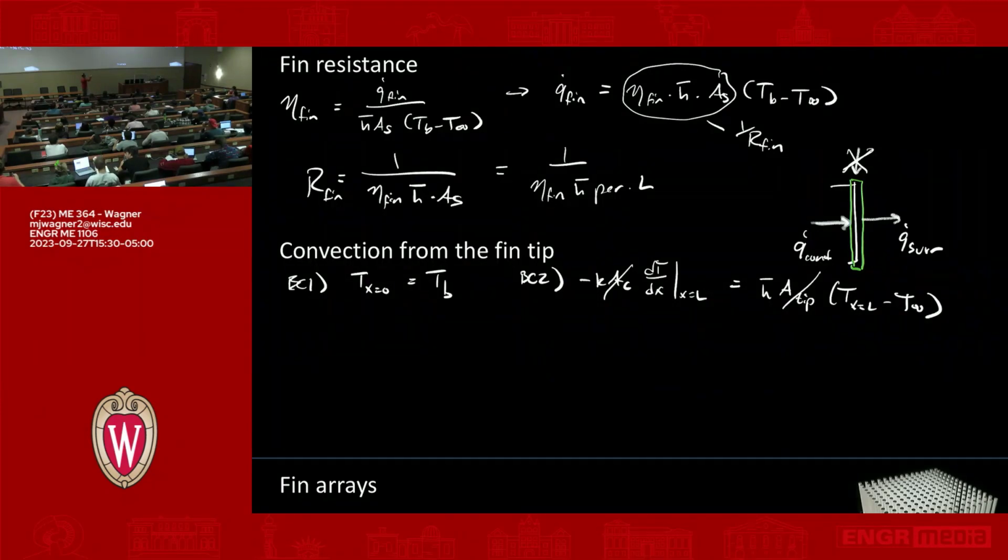Your fin resistance is saying, I've got some area, I have heat loss from that area. That heat loss could be convection and radiation. And then I've got an eta_fin that scales that. So in the case where it's not just convection, you have to add the other stuff in there, and then you'd maybe use an equivalent resistance or a total resistance model or something like that.